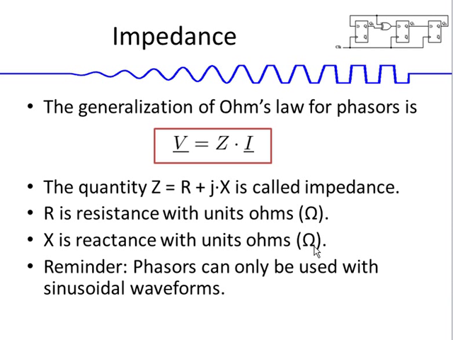It also has units of ohms, but the impedance altogether is a complex number with units of ohms. And just to remind you, phasors can only be used with sinusoidal waveforms. They are not applicable to general waveforms like rectangular waveforms or triangular waveforms and so forth.